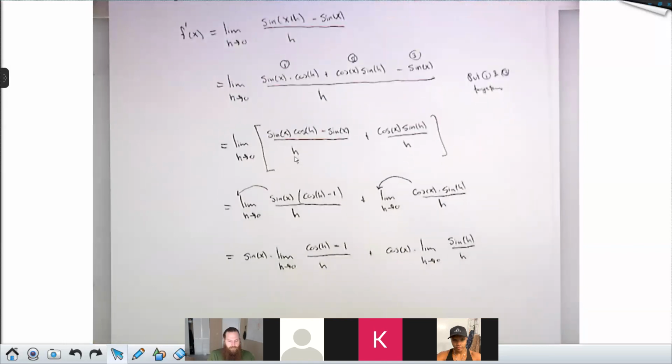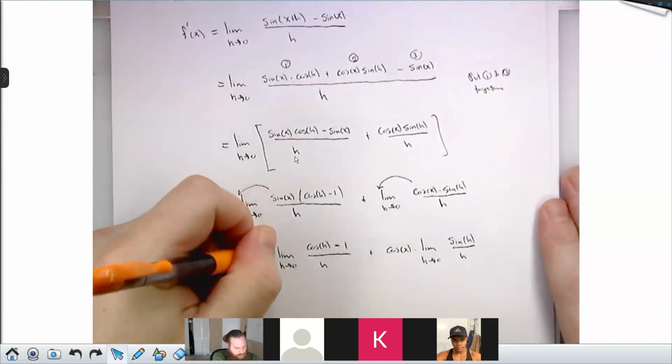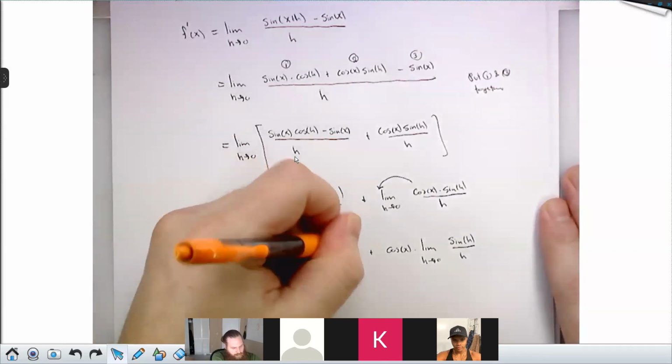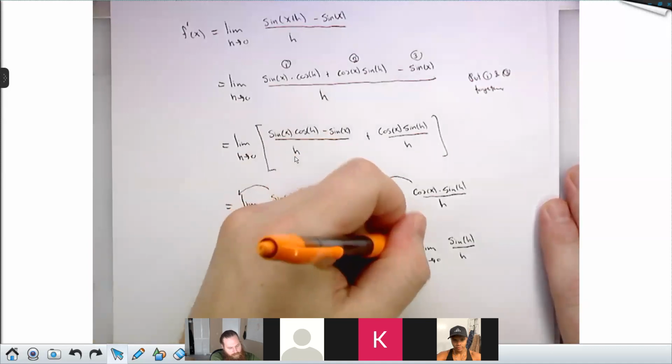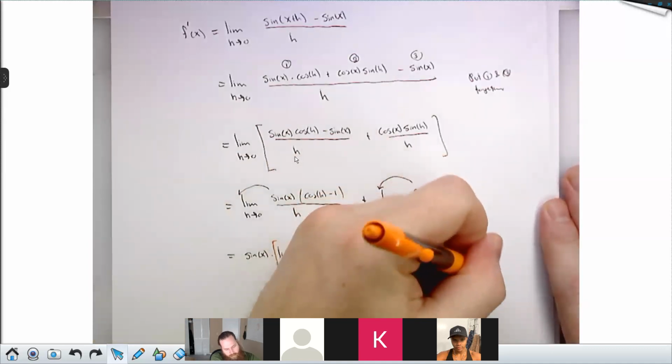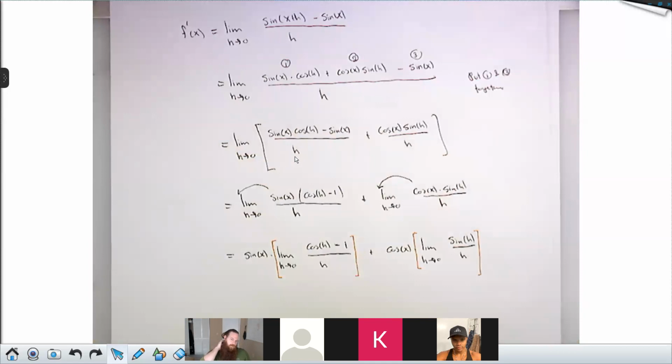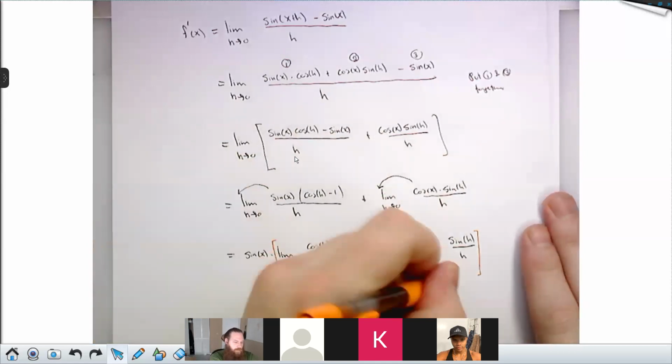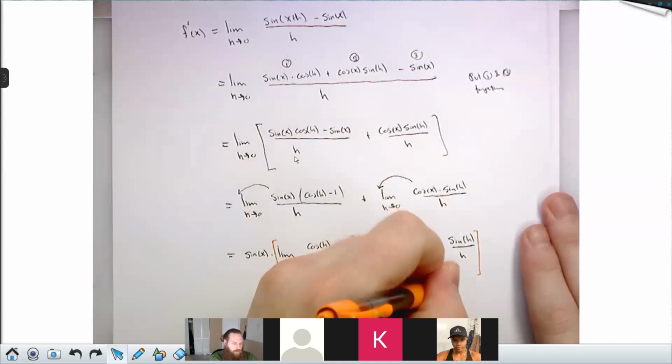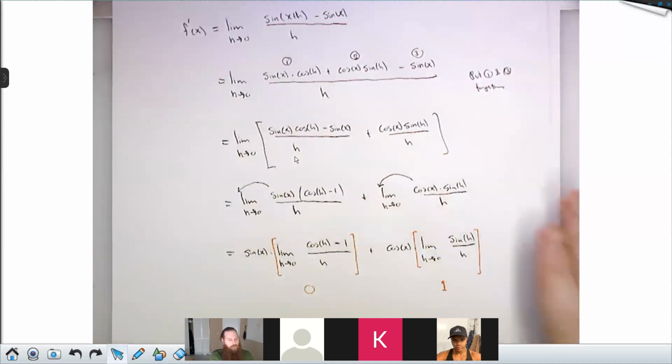And these two limits are both wicked hot, right? This is tough. This is tough. So it turns out the first one of these is going to be 0, and the second one of these is going to be 1. But it's going to take a meaningful amount of work to show both of those.